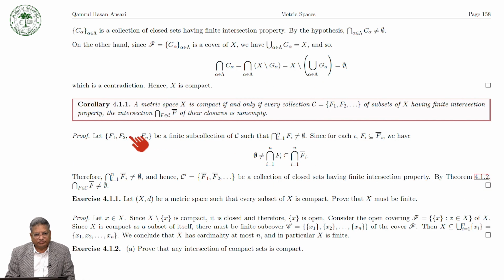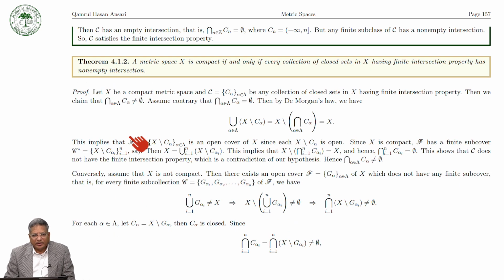What we have to prove is this. Here the theorem is that X is compact if and only if every collection of closed sets having the finite intersection property, meaning every finite collection has non-empty intersection, has non-empty intersection; so the whole collection has a non-empty intersection.